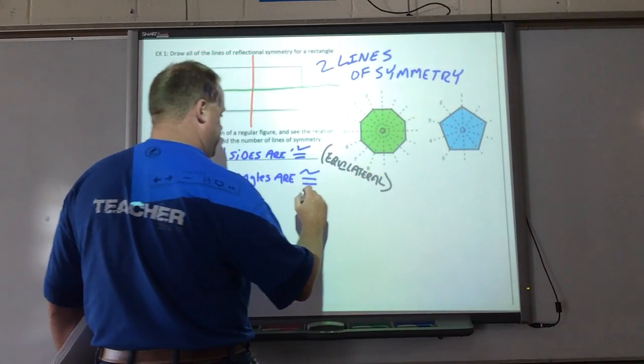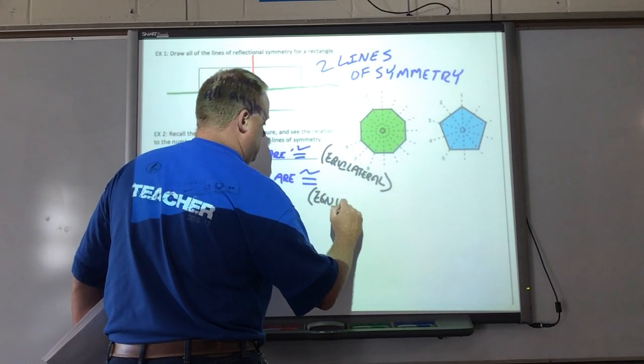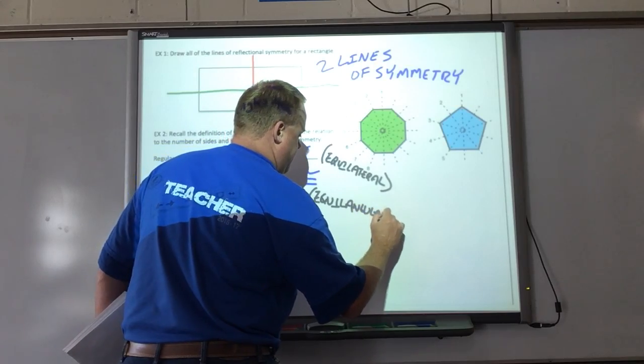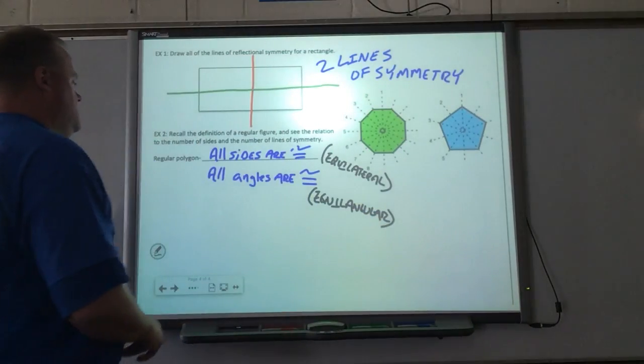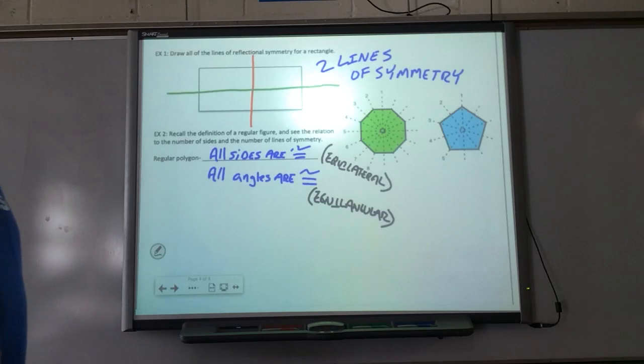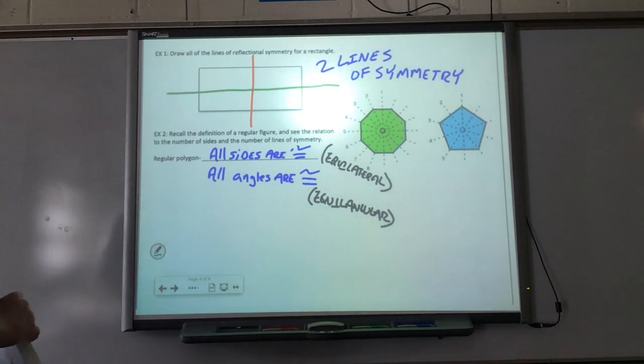And the last one would be equiangular. All right. But the bottom line on this is a regular polygon is going to have all sides that are congruent and all angles that are congruent.